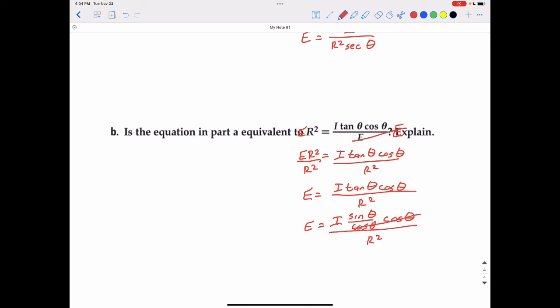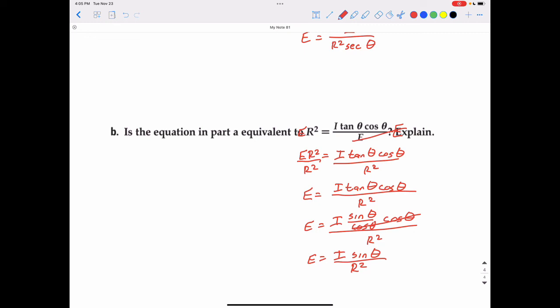So the cosines eliminate each other. So I have E equals I sine theta over R squared. The related reciprocal function of sine theta is actually cosecant theta. So I'm down to E equals I sine theta over R squared.